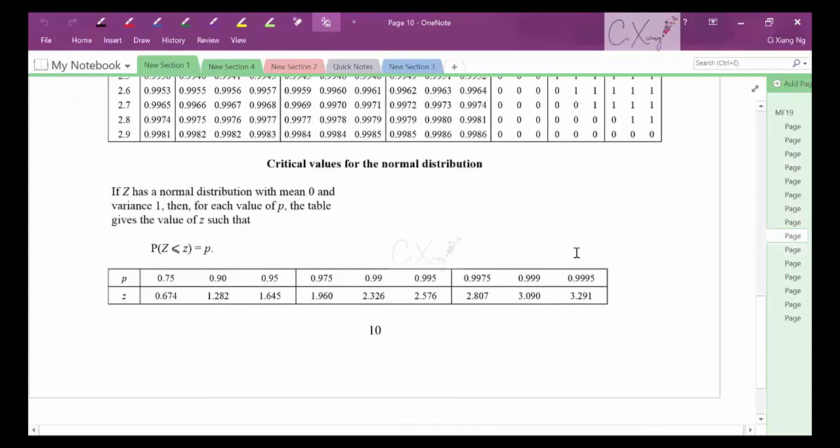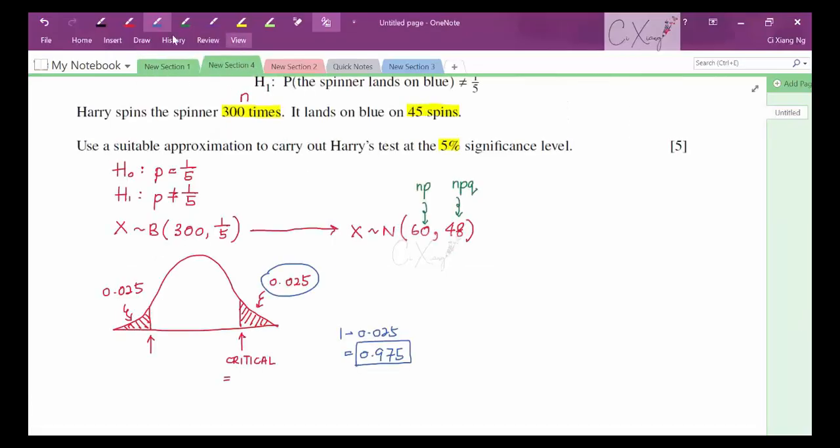You can see that when the probability is 0.975, the value of Z is 1.96, which means the critical value for this side is 1.96. Since the two sides are symmetric, the critical value for the left-hand side will be negative 1.96. So please take note that our critical values are 1.96 and negative 1.96 according to the diagram that we drew.